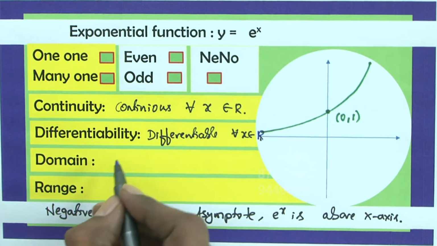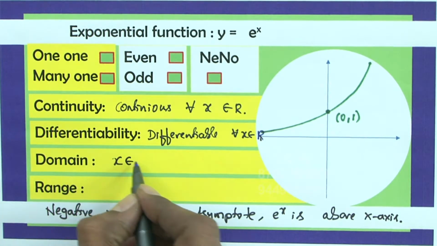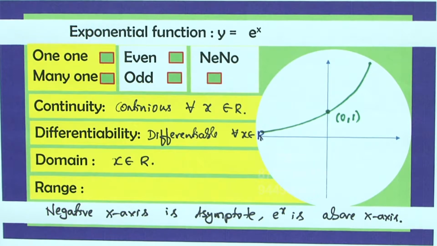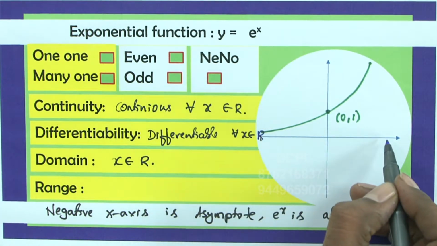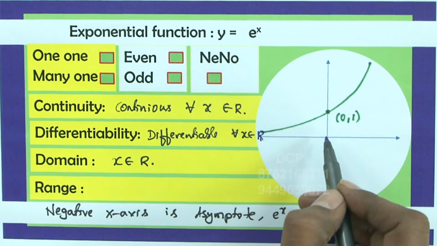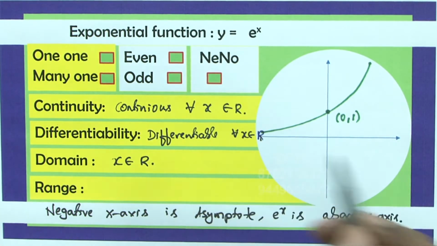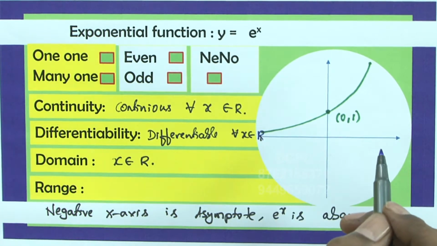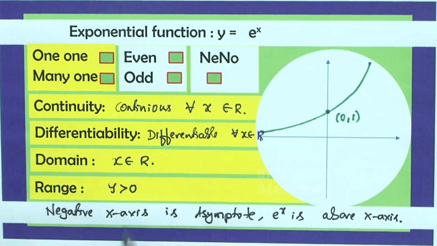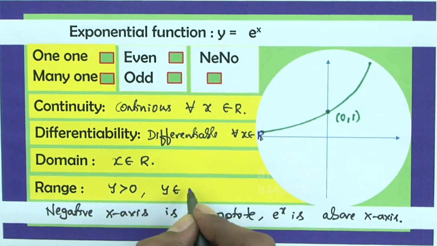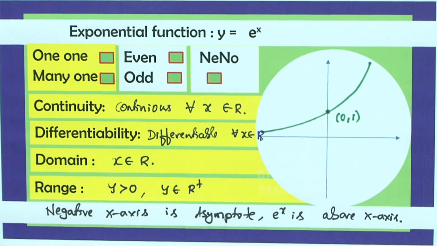So therefore domain means x belongs to the set of real numbers. Range means you can see, dear students, the graph is only above the x-axis. Therefore, and it will never meet the x-axis, except at minus infinity, which cannot be considered. So y is always greater than 0, or you can say y belongs to the set of positive real numbers.